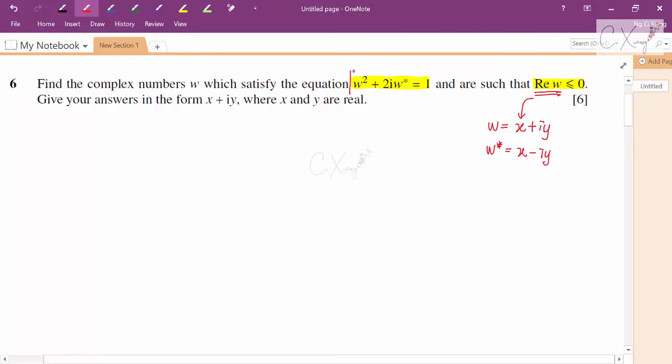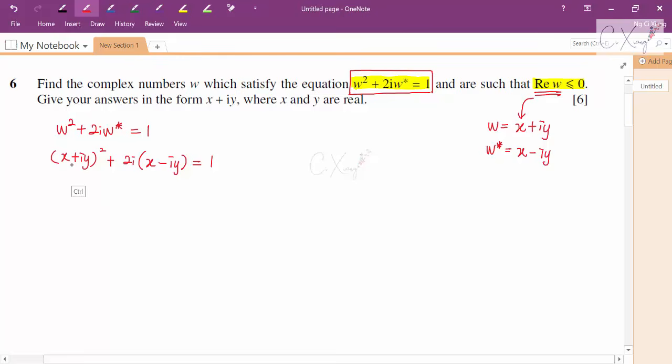We'll start to solve this equation now and try to find the x and also y. We have W squared plus 2i W asterisk equals 1. What is W squared? W squared is x plus iy squared. For 2i, I just copy 2i. W asterisk means x minus iy, which is the conjugate of W, and it equals 1.